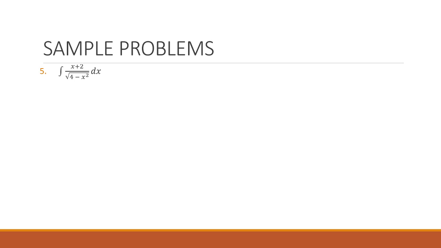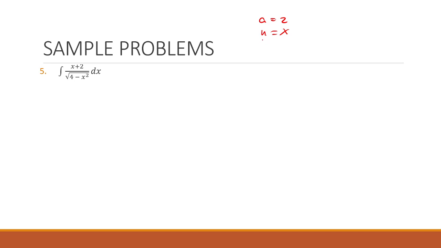Kasi du pag tawag nito, if we apply the conditions for arc sine, where in this case a is 2 kasi 4 is 2 squared, di ba? U is what? U is x. So this will now be in the form, itong radicand is a squared minus u squared.